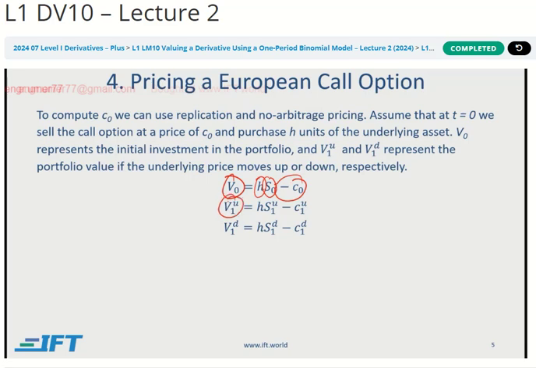The value tomorrow in case of an up move will be the hedge ratio multiplied by the spot price if it goes up minus the call option value if it goes up. The value tomorrow if it goes down will be the hedge ratio multiplied by the spot price if it goes down minus the call option value.